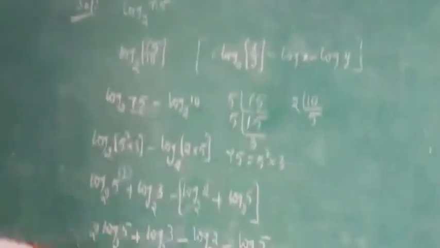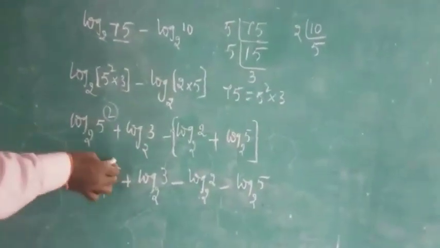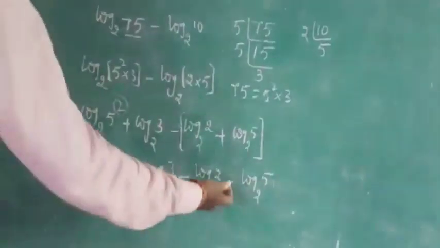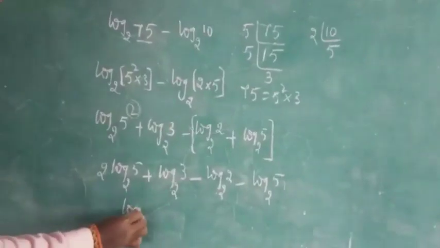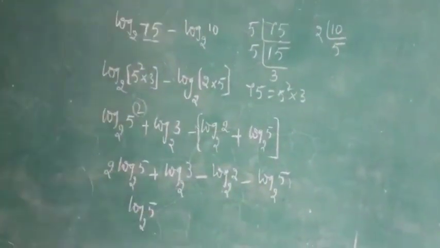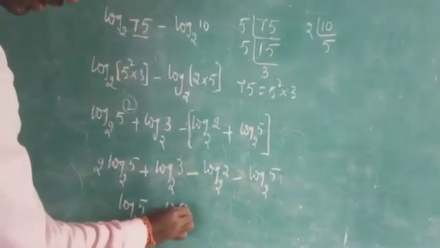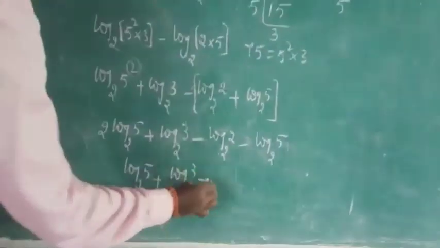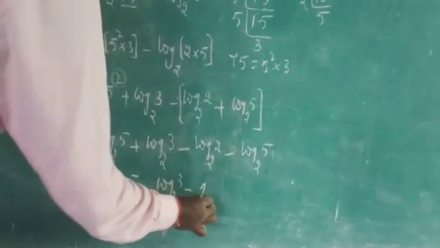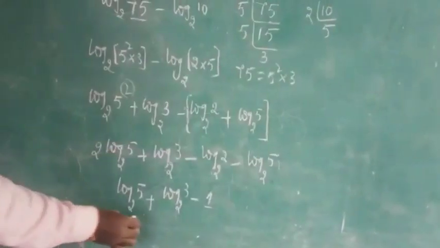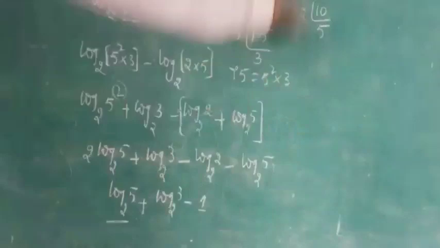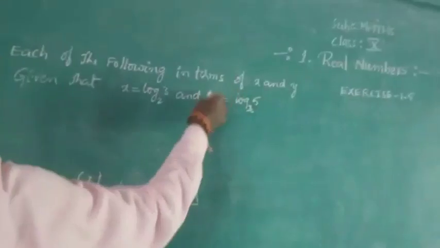See here, this 2 times is there. Here is the 1 time. Nothing but 2 minus 1, 1. So you can write it as log base 2 of 5 plus log base 2 of 3 minus this value will be the 1. What is given this value? Log base 2 of 5 is y is given.